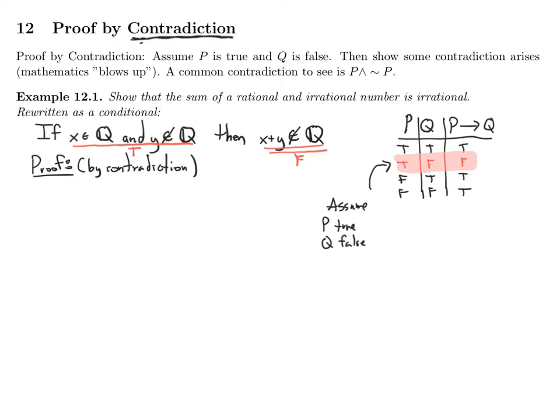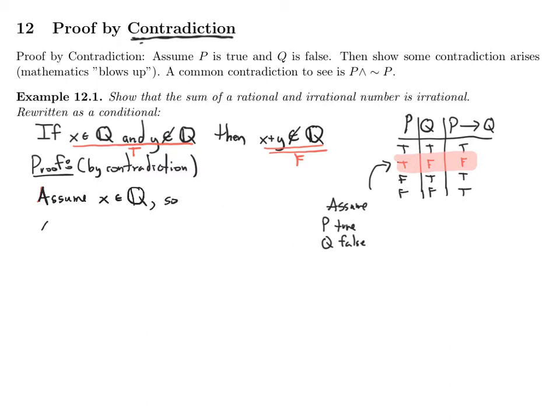So the first part is we're going to assume that x is an element of the rationals. So what does that mean?